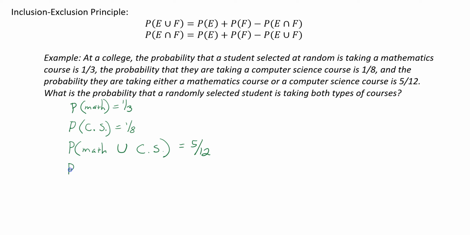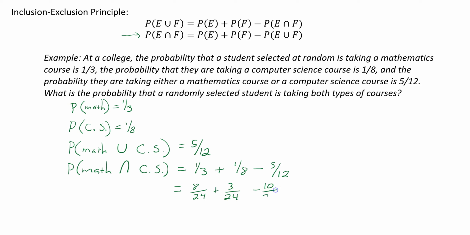We want to know the probability that a student is taking math and, or intersection, computer science. From up above, we can see that we want to use the second formula. The probability of math is 1/3, plus the probability of computer science is 1/8, minus the union of math and computer science. With technology, we could solve that, or we can find a common denominator, and arrive at the answer of 1/24.